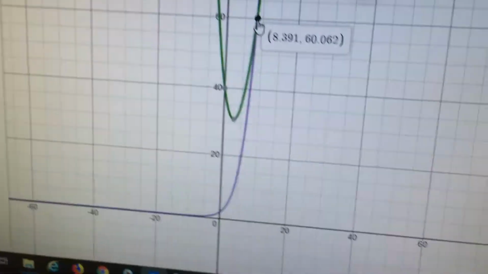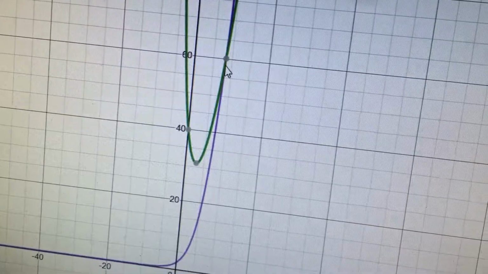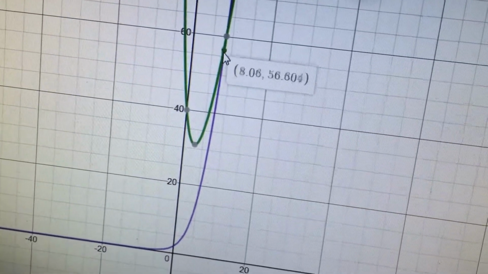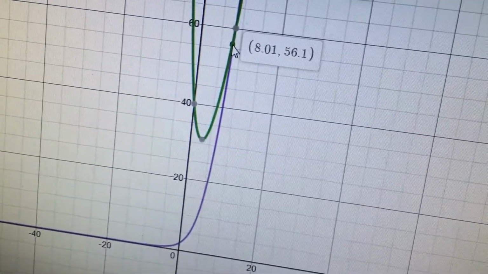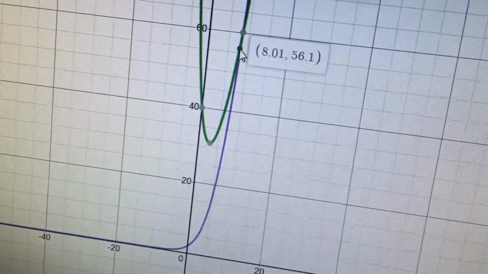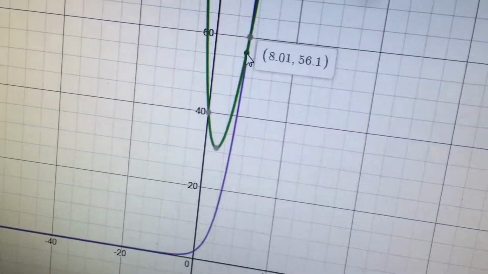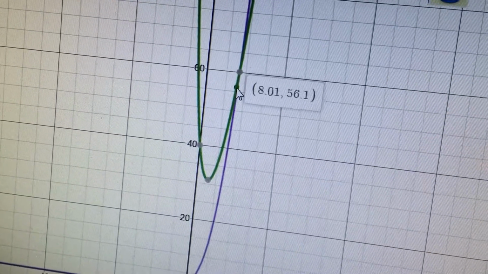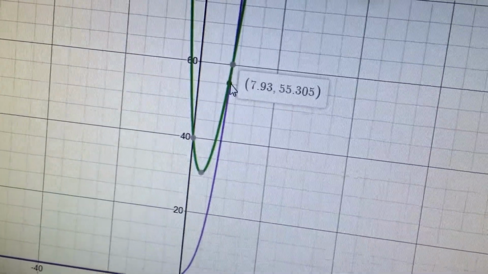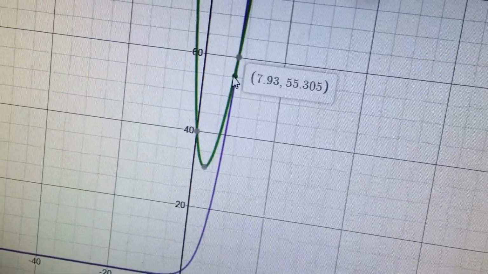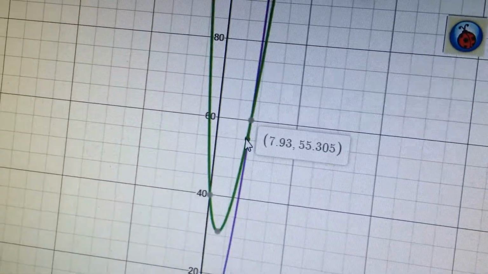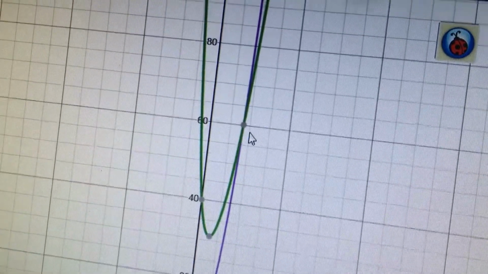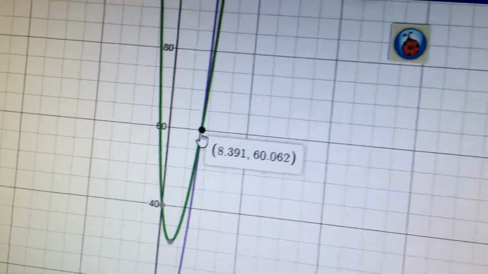Oh, wait. Let's see. It might, hold on. If I go back to 8, which one's bigger, the green one or the purple one? The green. Green's bigger. Okay, so let me ask you this.